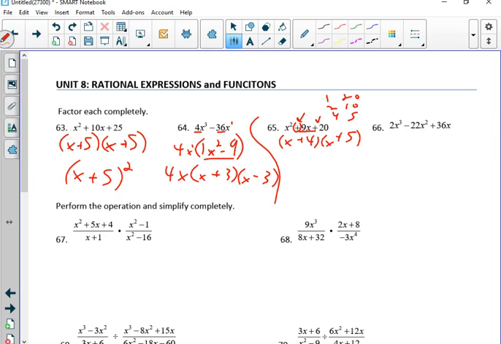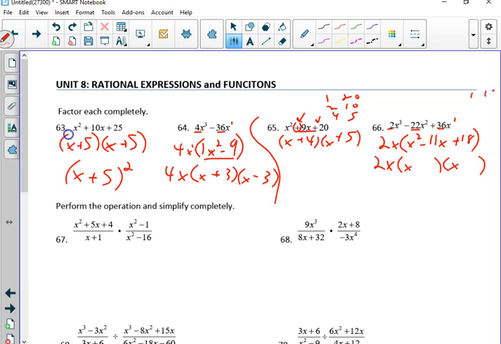And last but not least, again, get greedy. What goes into 2, 22, and 36? 2. What's my smallest x I can pull out? X to the 1. That gives me x squared minus 11x plus 18. Don't forget this 2x. Now I'm factoring two numbers that multiply to give me 18 that add up to 11.